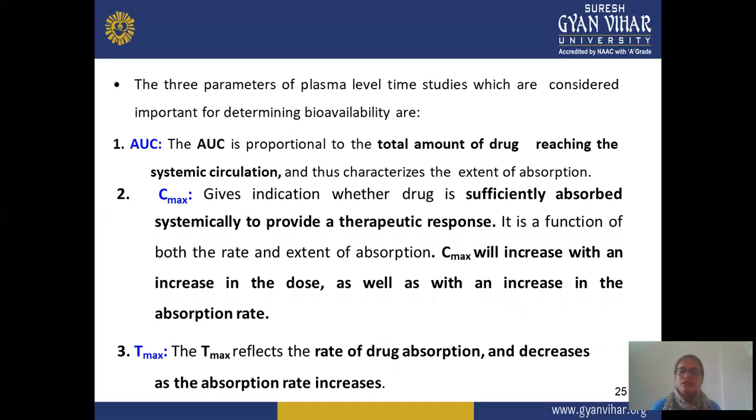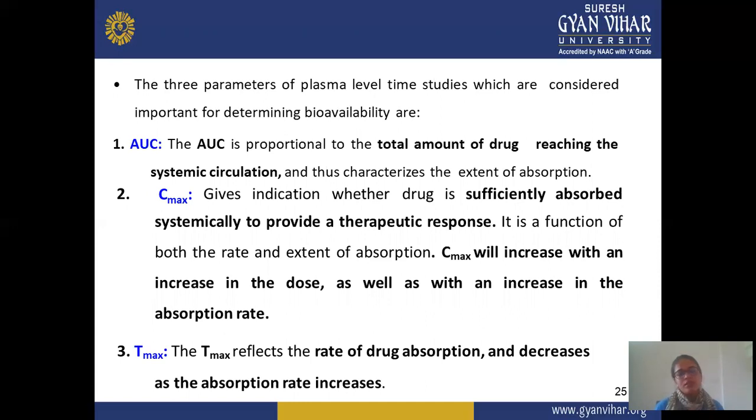It gives an indication of whether the drug is sufficiently absorbed systemically to provide a therapeutic effect, meaning how much drug is absorbed into the systemic circulation to provide a particular therapeutic response. It is a function of both the rate and extent of absorption. Cmax will increase with an increase in dose as well as an increase in absorption rate.